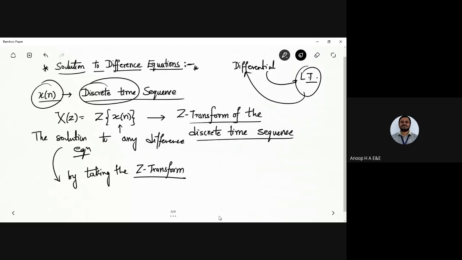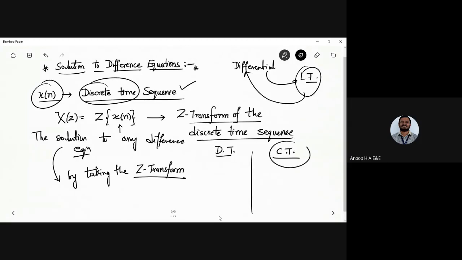Now you know that a difference equation has to be analyzed by taking the Z transform. Keep one thing in mind very clearly. I'll write CT for continuous time sequence and DT for discrete time sequence.